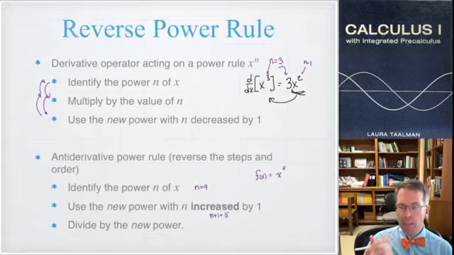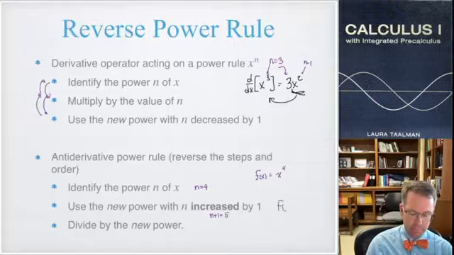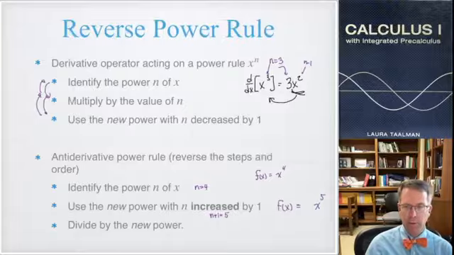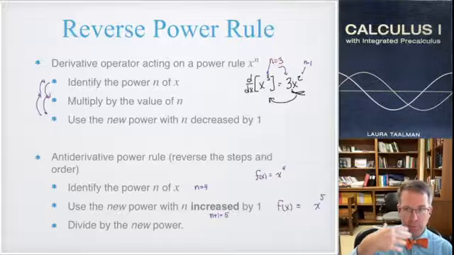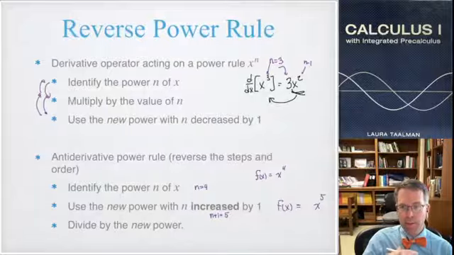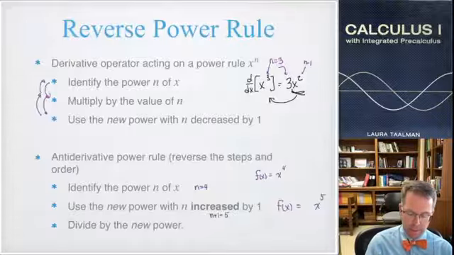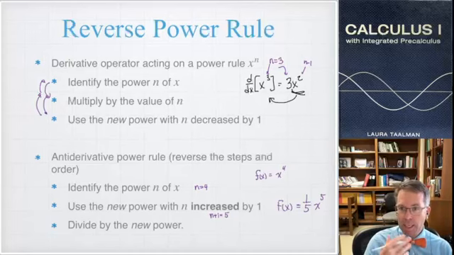Okay, so my antiderivative is going to be an x to the 5th power kind of function. But notice that in a derivative, I multiply by this larger power. And so the reverse of that is I need to divide by that power. So my antiderivative is 1/5 of x to the 5th.